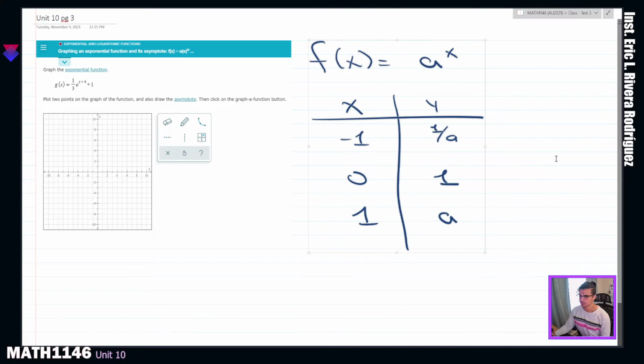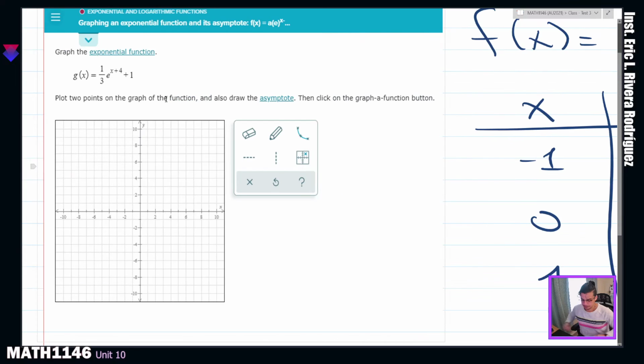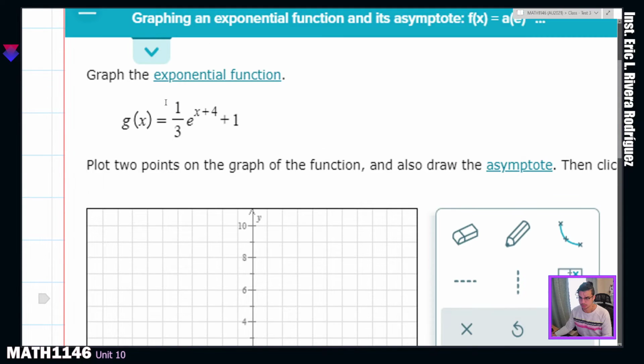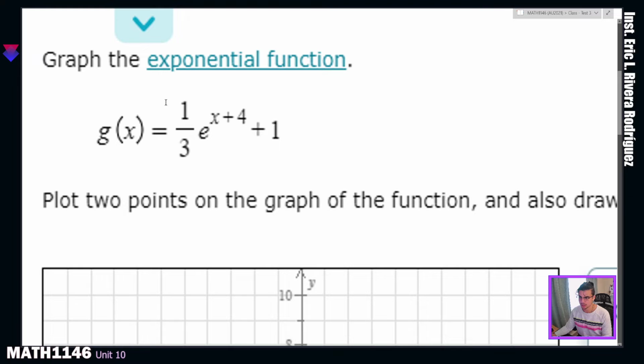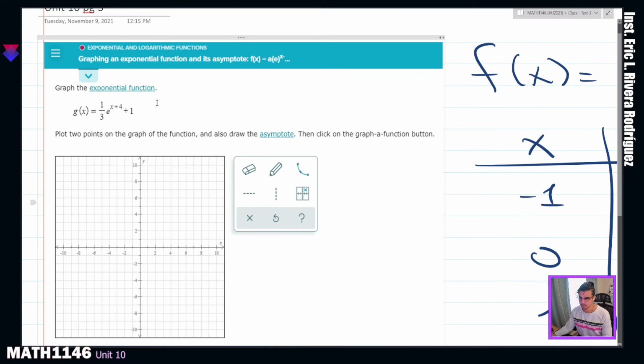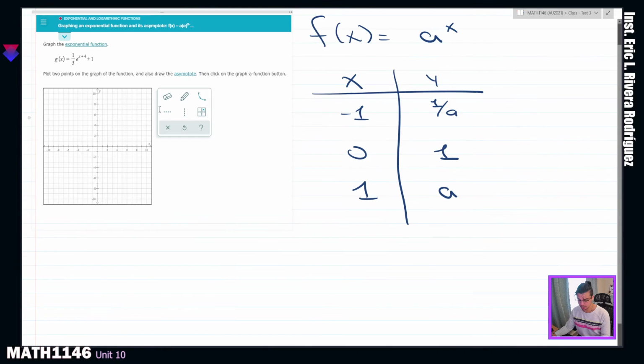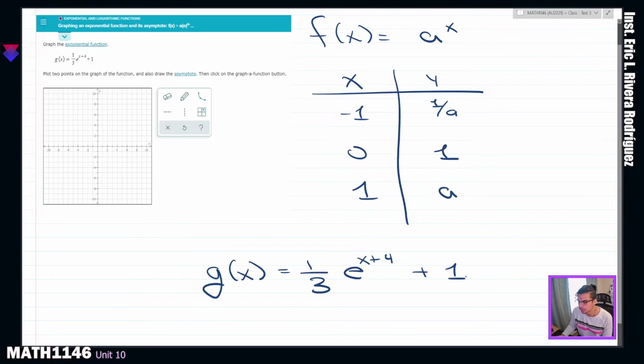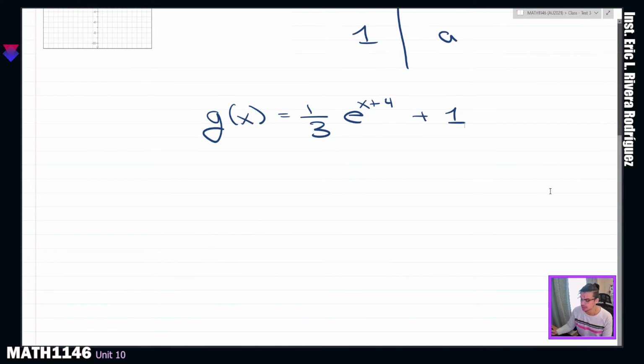So I have them here. I don't know how well you can see, maybe I'm going to write the function below. The function that we have is the following, and we need to graph this function.